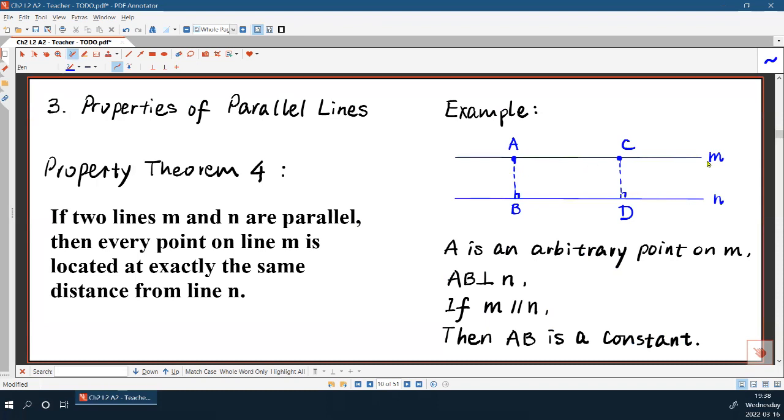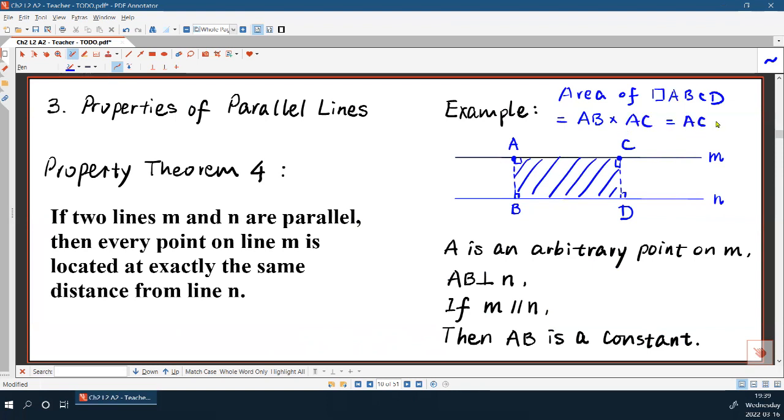Because M is parallel to N, this angle is also 90 degrees, and this angle is also 90 degrees, so this is actually a rectangle, right? Let's consider the area of rectangle ABCD. Apparently, this equals width times length, so it equals AB times AC, and also AC times CD.